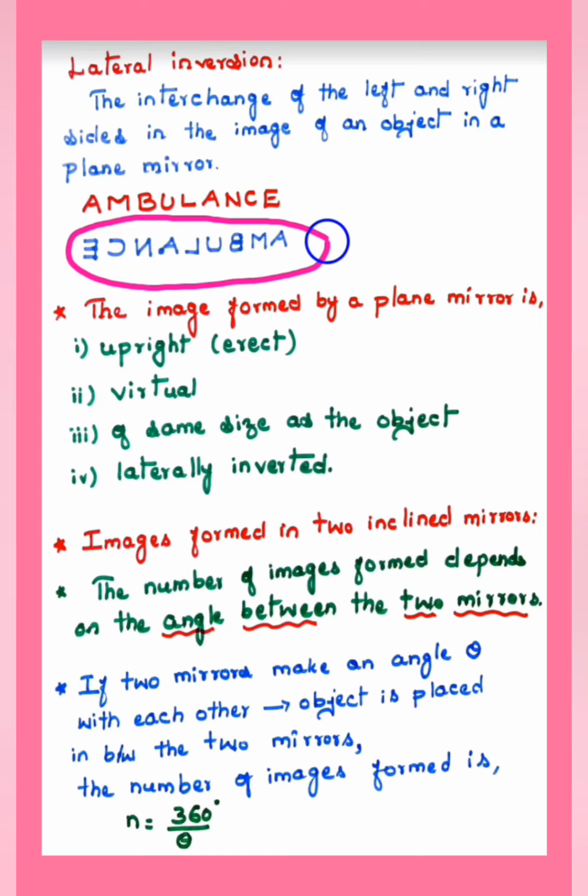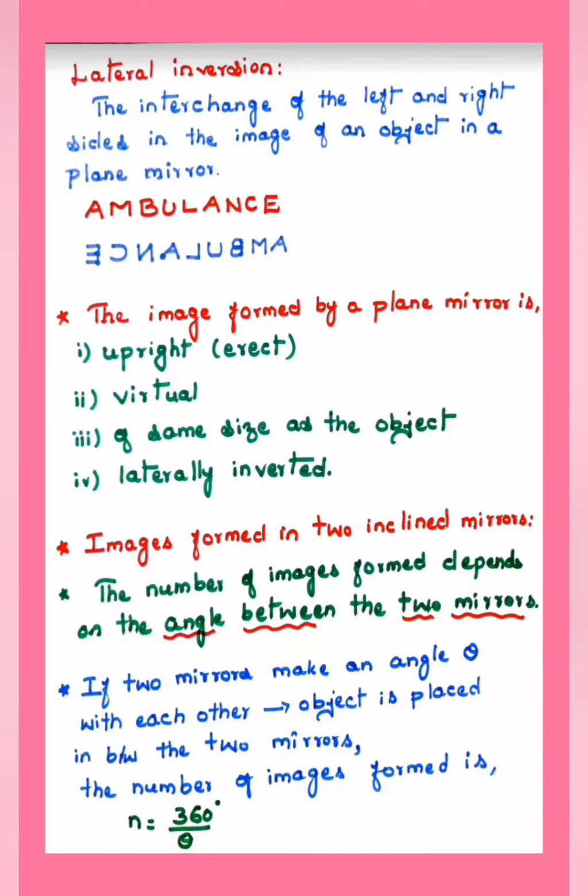It's because as the ambulance is moving on the road, the person or the vehicle moving ahead, when they look into the mirror, this laterally inverted word will appear in the correct form of the ambulance. So the person in the vehicle can read the word ambulance, and then he can give way to the ambulance to pass first.